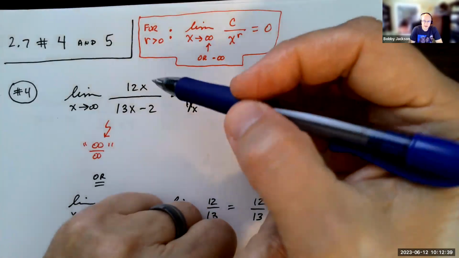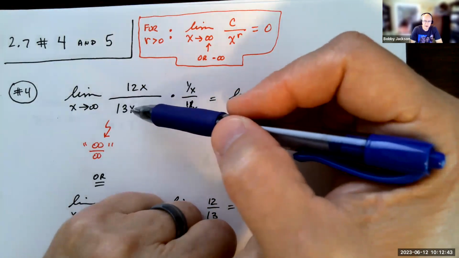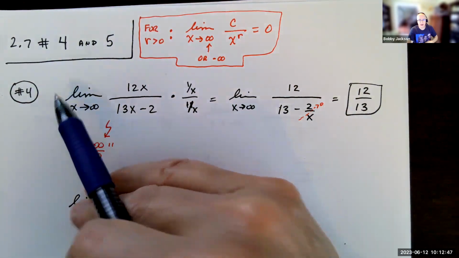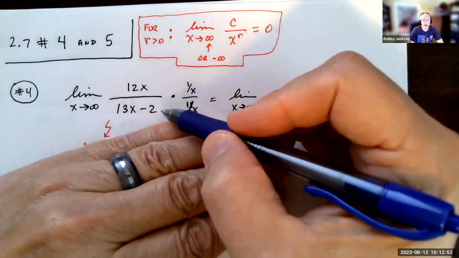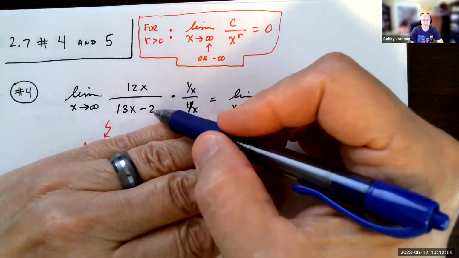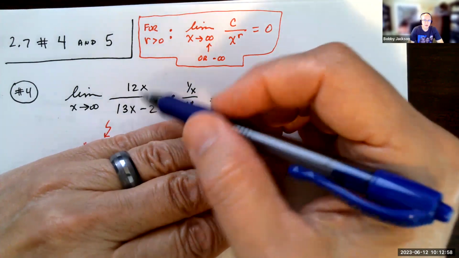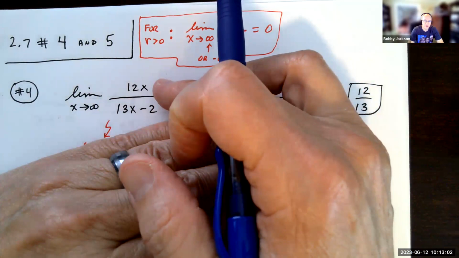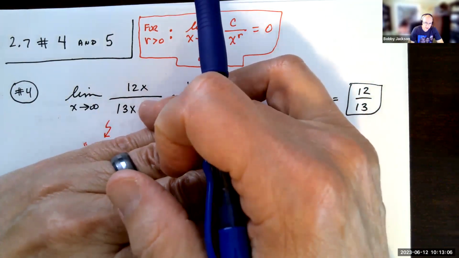Another way is to just think about, for large values of x, in the denominator here, the 13x and the 2, the 13x is going to dominate. I mean, when x is a billion, you'll have 13 billion and then minus 2. Well, that 2 is insignificant in comparison to 13 billion. So in other words, we can look at just the limit of the highest degree term in the numerator over the highest degree term in the denominator.